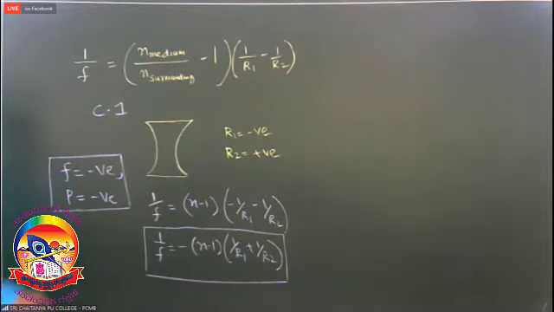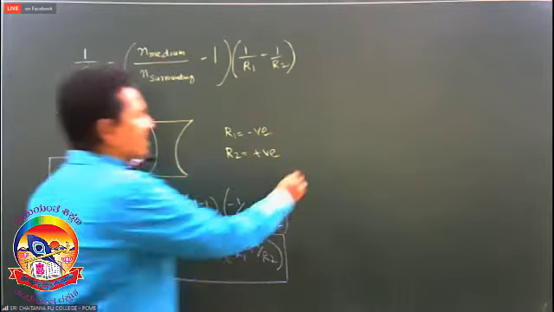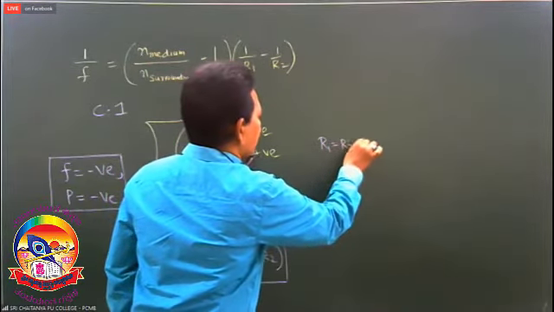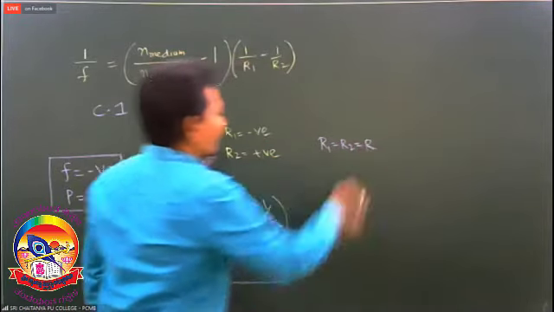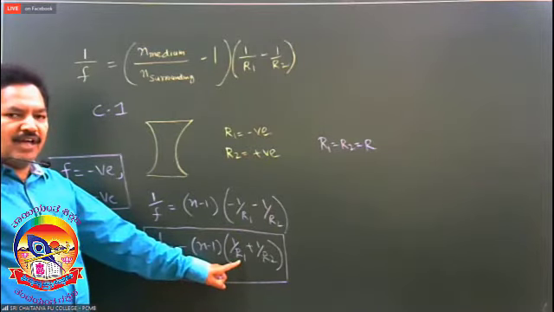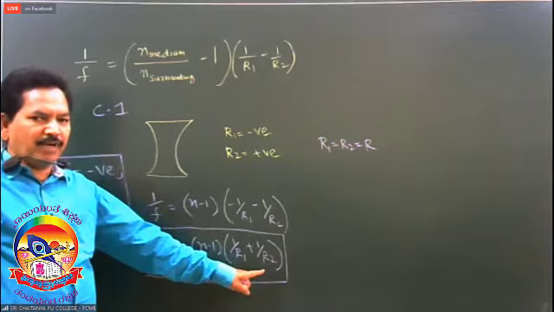Now let us consider the equiconcave lens. How does this formula become? Equiconcave lens means R1 is equal to R2 is equal to R. Substitute the R1 value as R and the R2 value also as R in the final formula.